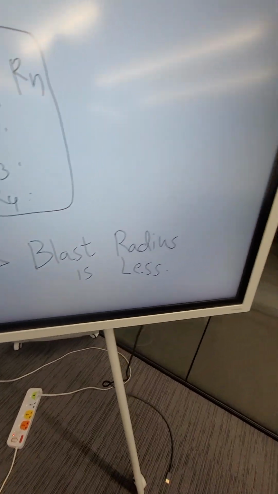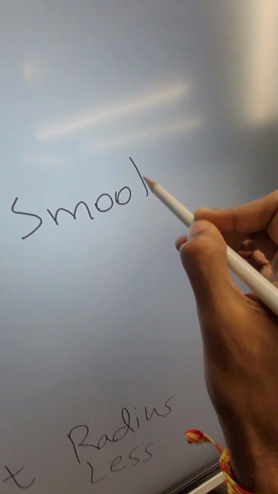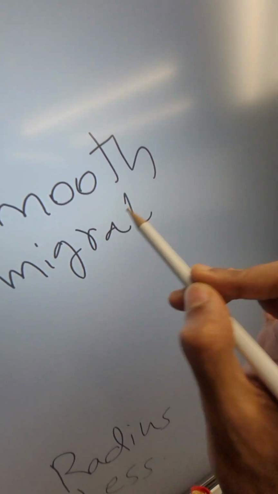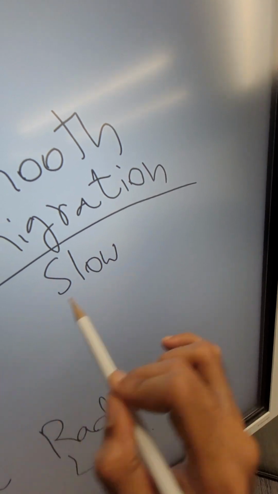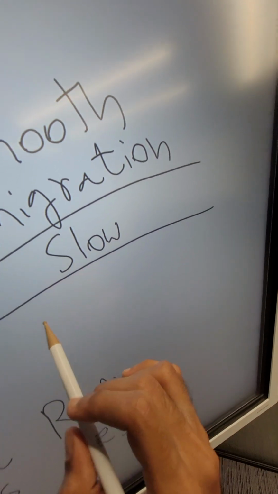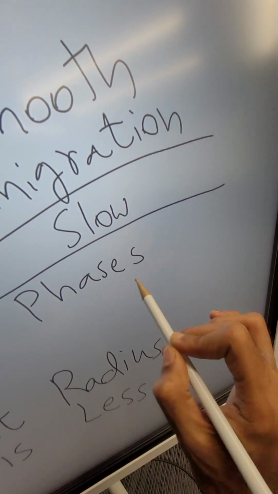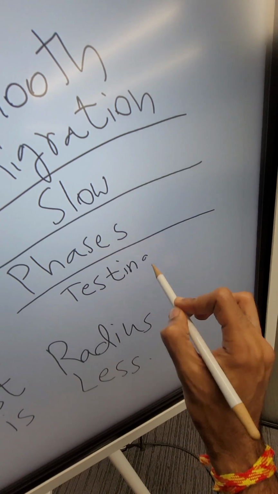So when you do migrations, it's important to do a smooth migration, a slow migration, right? And then phase by phase, you have to do it in phases and do a lot of testing, right? And validation.